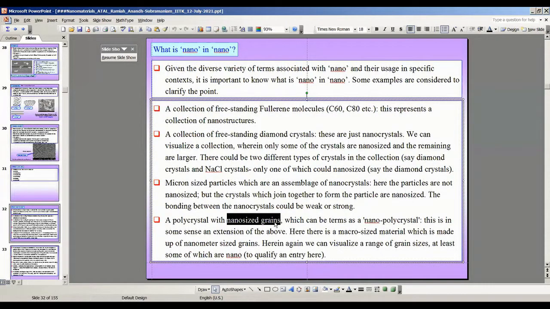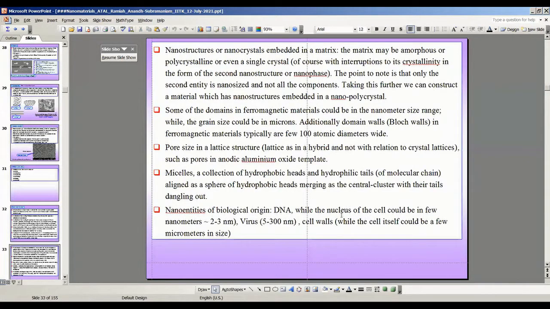You can have freestanding diamond crystals, which are also in the nanoscale. There could be multiple examples, and we already saw pore size in a lattice structure, which could be in the nanoscale. And there are many of biological origin, like DNA, which could be in the nanoscale. You can have viruses, which are more prevalent today, as you all know. They could be in the nanoscale, etc.